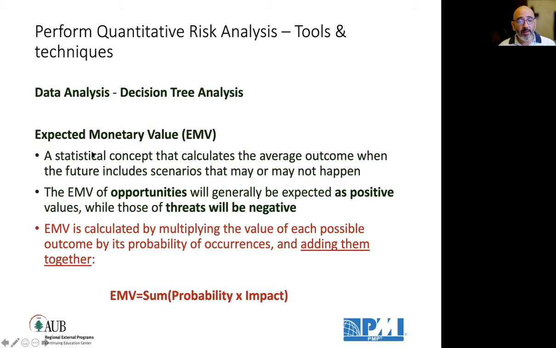So, expected monetary value is a statistical concept that will take the sum of all probabilities and impact, okay, of a specific occurrence. So it's calculated by multiplying the value of each possible outcome, option 1 and option 2, by its probability of occurrence and adding them together.